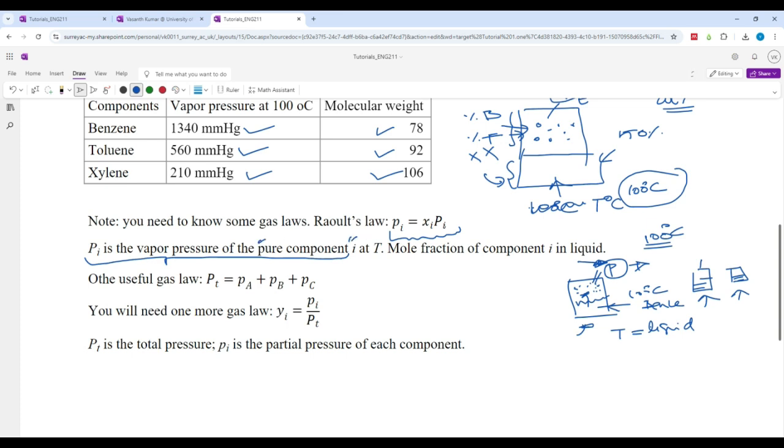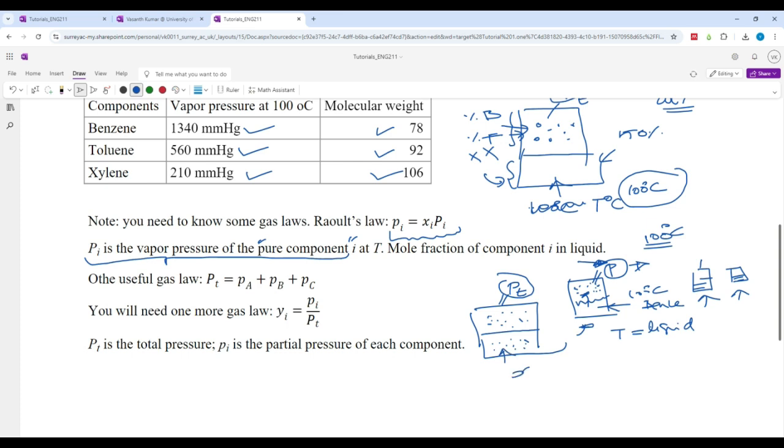For component i, it is the vapor pressure of component i multiplied by the mole fraction in the liquid. In this case we have three components. Let's say we have a total pressure, and this pressure is contributed by three different molecules, and also we have some liquid that contains three different components.